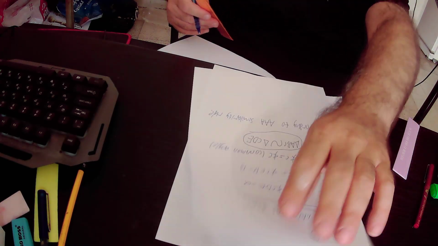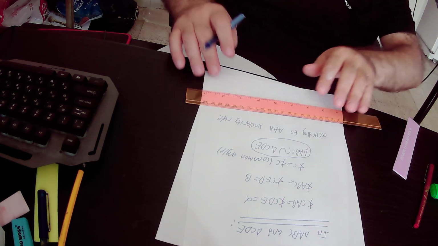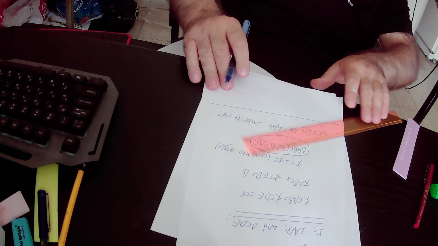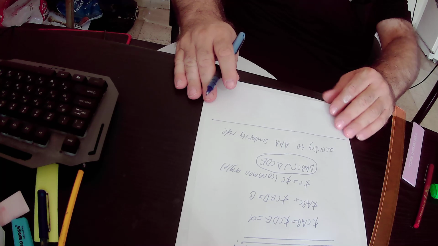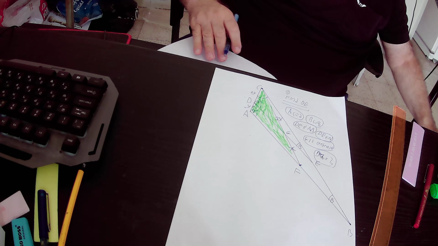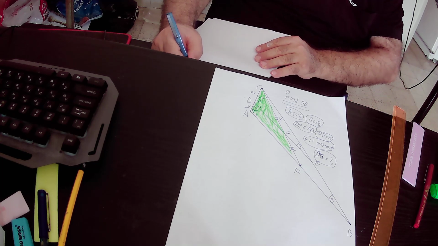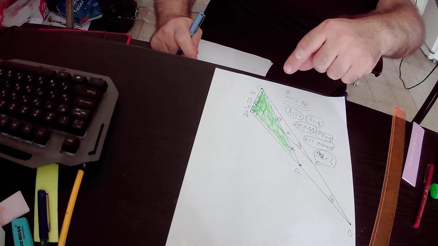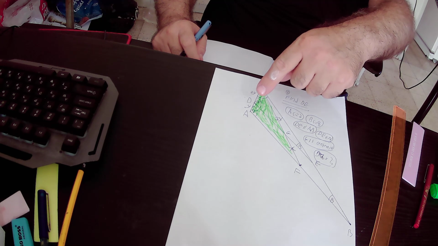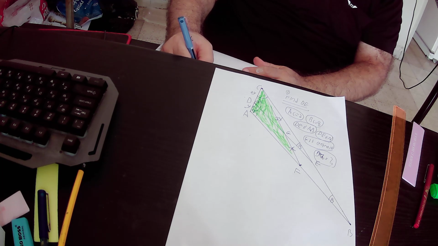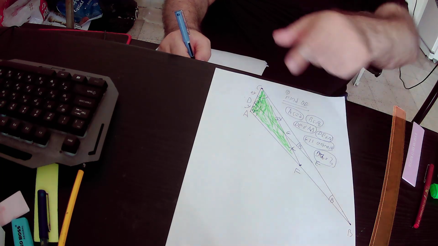Because triangle ABC is similar to triangle CDE, we can conclude that CD over CA is equal to DE over AB.